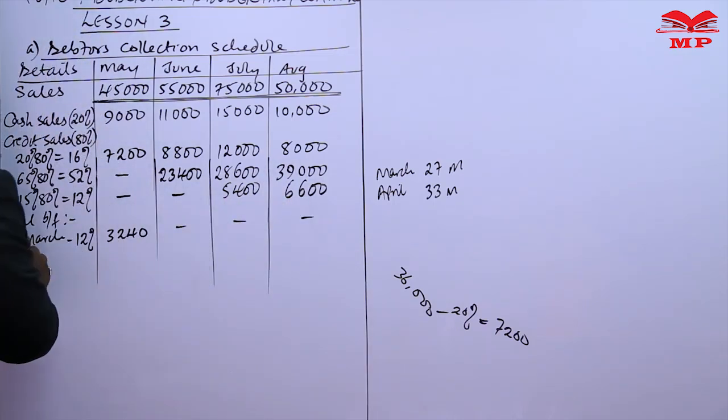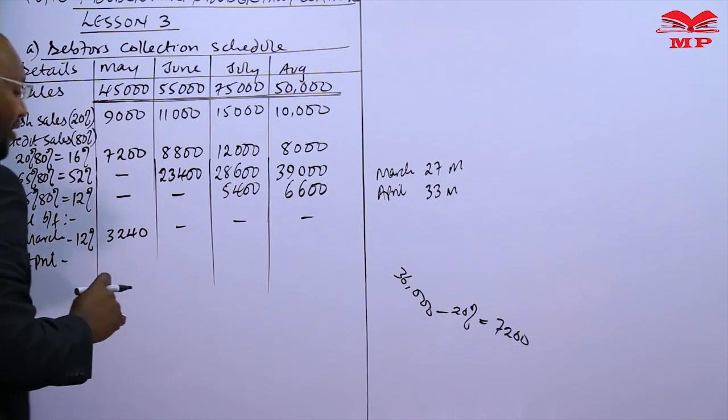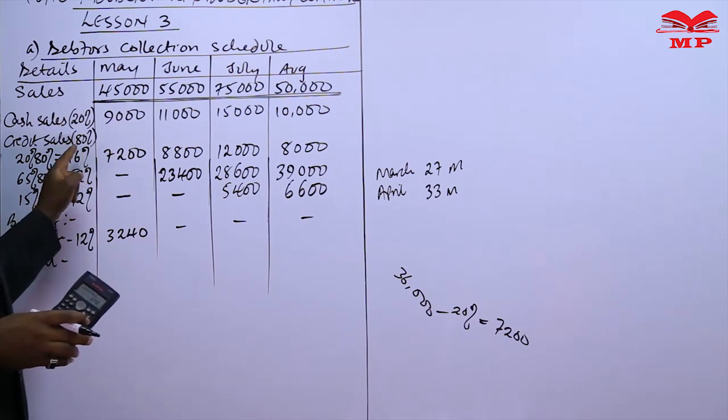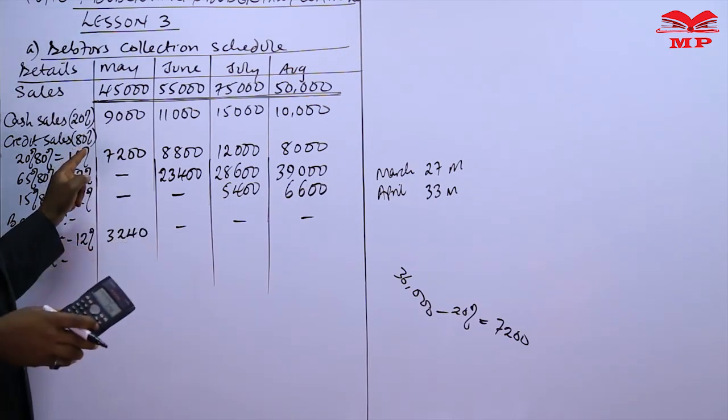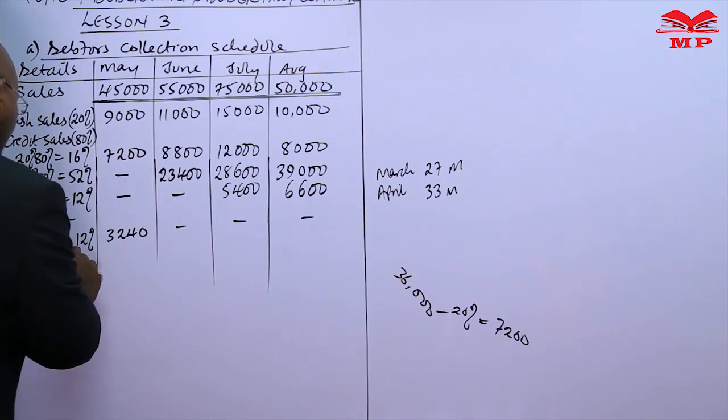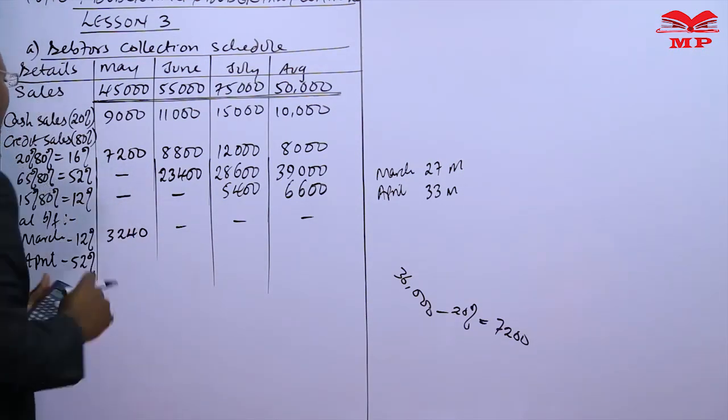Then we have the April. Now April, 16% was collected in the same month of April. Then 52% is to be collected this month of May.